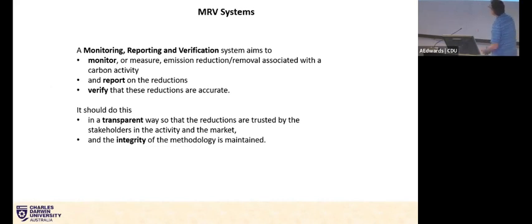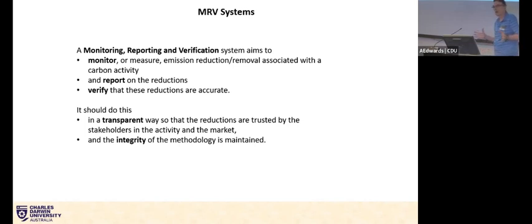So, first of all, it aims to monitor and measure the emission reduction or removal associated with a carbon activity. And it then reports on these reductions and it verifies that the reductions are accurate. So it should do this in a transparent way so that the reductions are trusted by stakeholders in the activity or the market, and in that way supporting the integrity of the methodology.